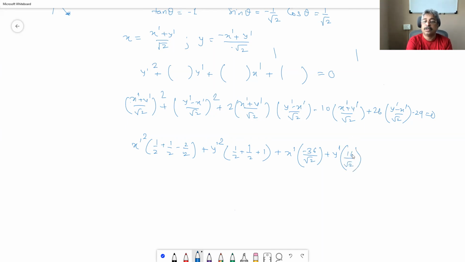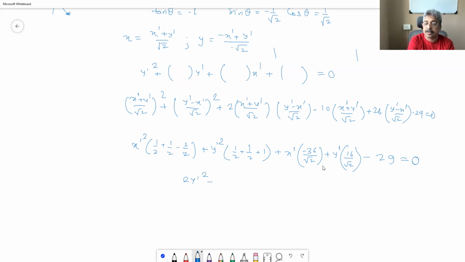And then the constant term minus 29 is equal to 0. Is this going right? Okay, so x square is gone. The coefficient of y square is 2 y dash square.